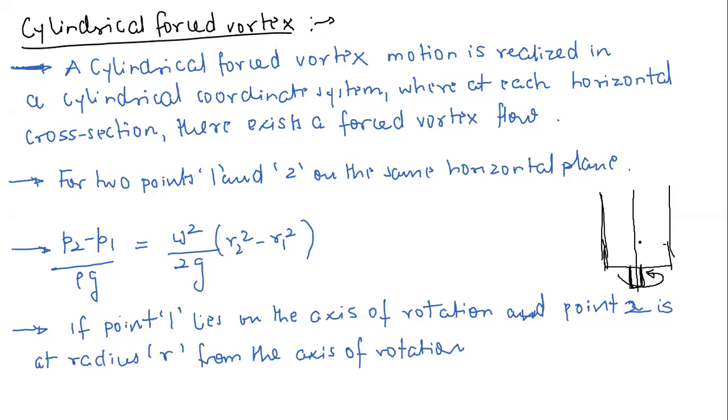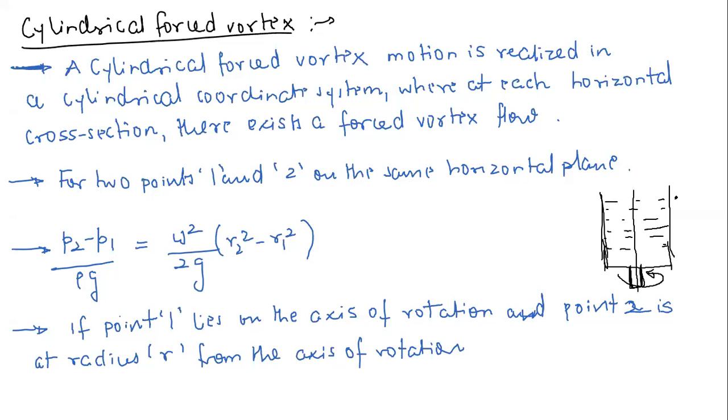Always remember that there will be a supply of energy from an outside source in the case of a forced vortex flow. So we are now rotating this cylinder. The fluid elements inside it will create a forced vortex flow at each cross section. If you go to this cross section, this cross section, at every cross section you will find that the flow is a forced vortex flow.